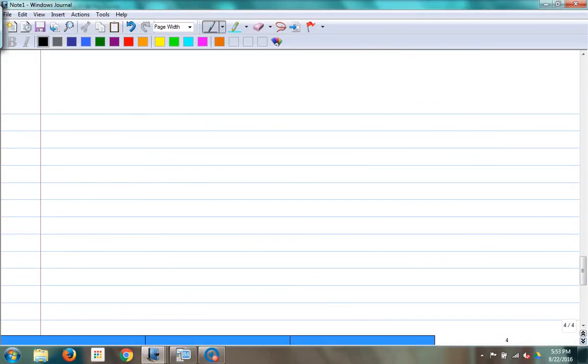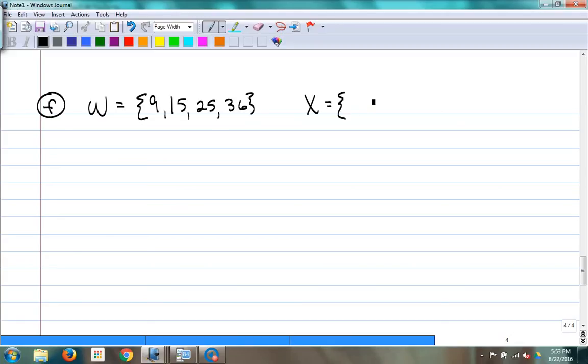If we're given sets, so example F, let's call this set W is 9, 15, 25, and 36. Set X is 15, 20, 25, 30, and 35. So I'm just picking some numbers here.